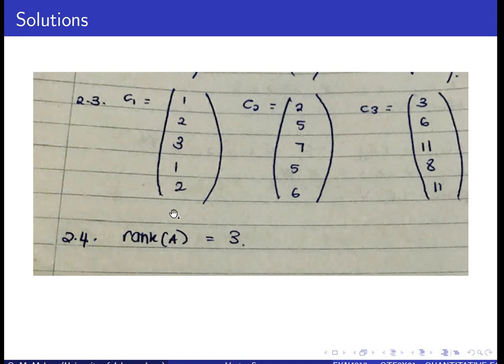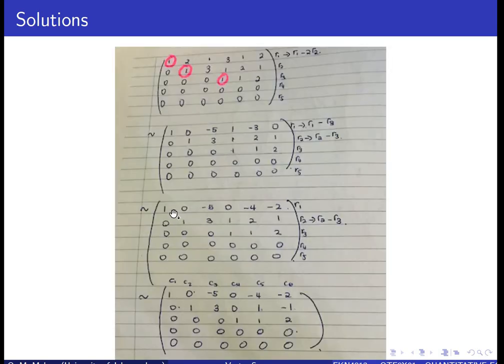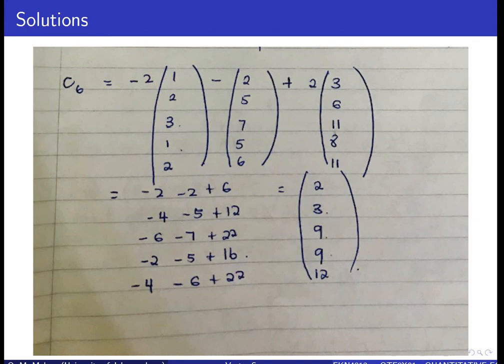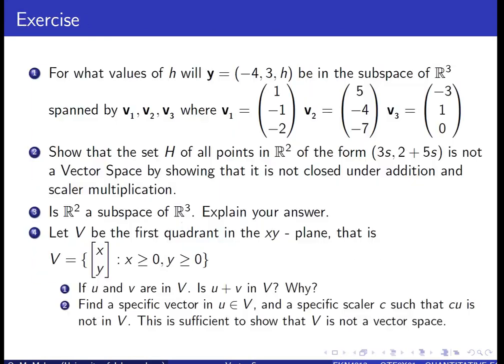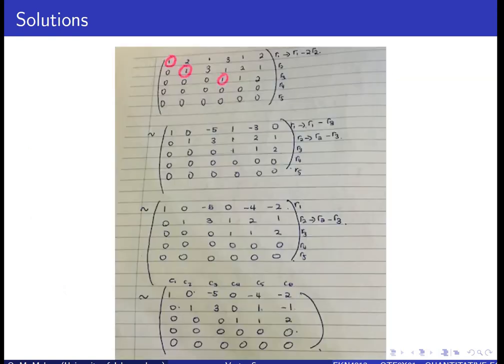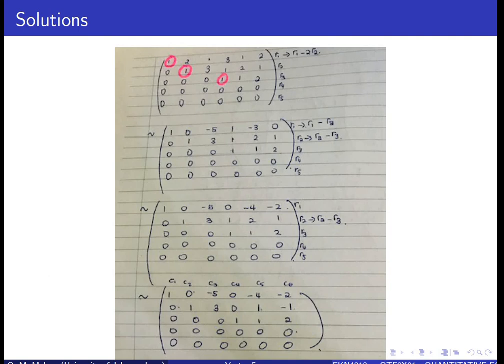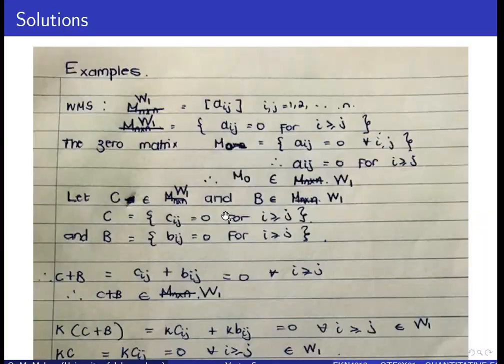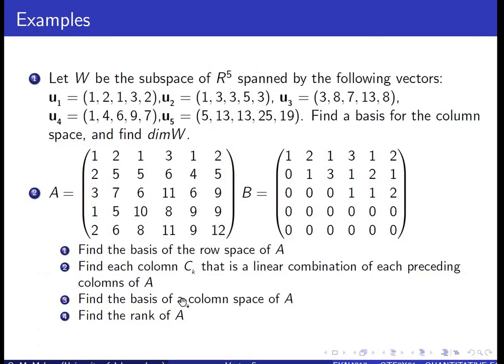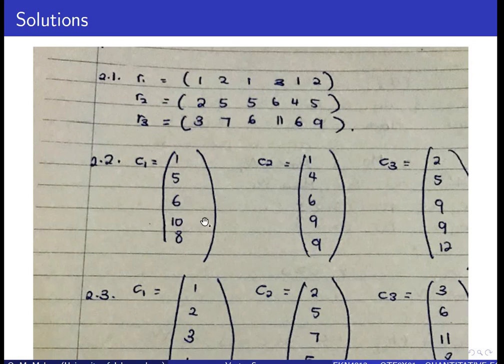I have discussed all these solutions. Here, though it was not asked in the question, if I can express these columns as a linear combination of the previous columns, I need to know what the scalar multiples are.